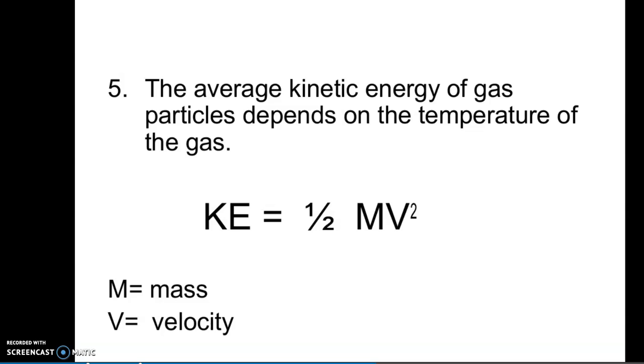As we said earlier, they possess kinetic energy. The kinetic energy formula is KE equals half mv square, where m is mass and v is velocity. If we take gas particles, we cannot calculate the kinetic energy of one particle, so we take the average kinetic energy. The average kinetic energy of gas particles depends upon the temperature of the gas.